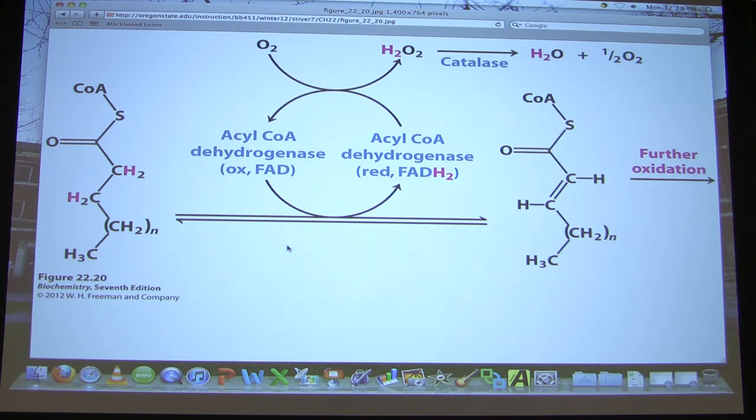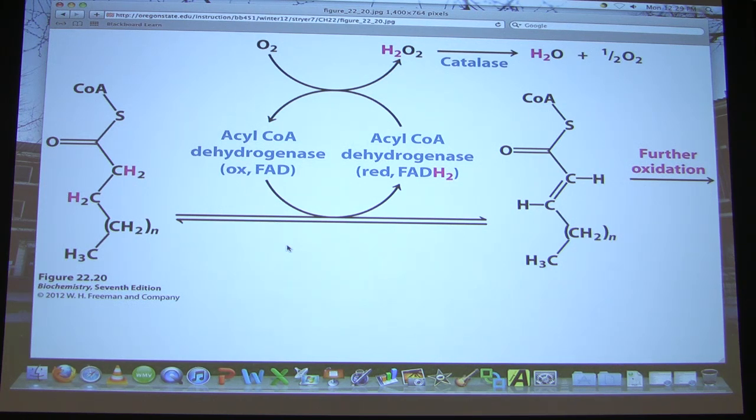Okay? Now, peroxisomal oxidation of fatty acids is not nearly as efficient from an energy perspective as mitochondrial oxidation of fatty acids is. The reason for that is because there's no electron transport chain in the peroxisome.